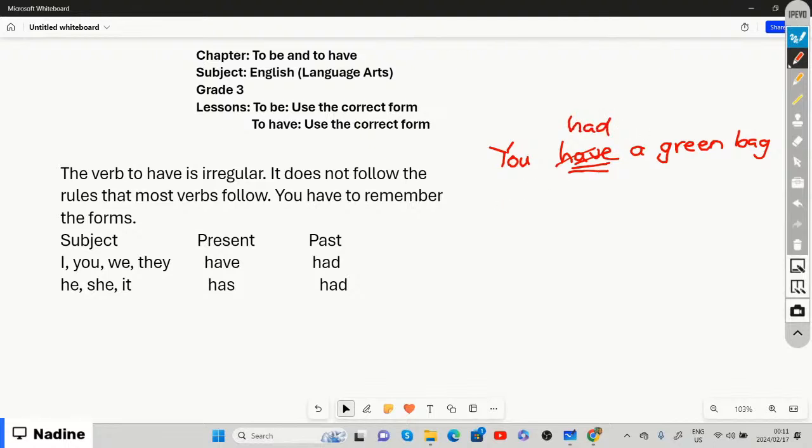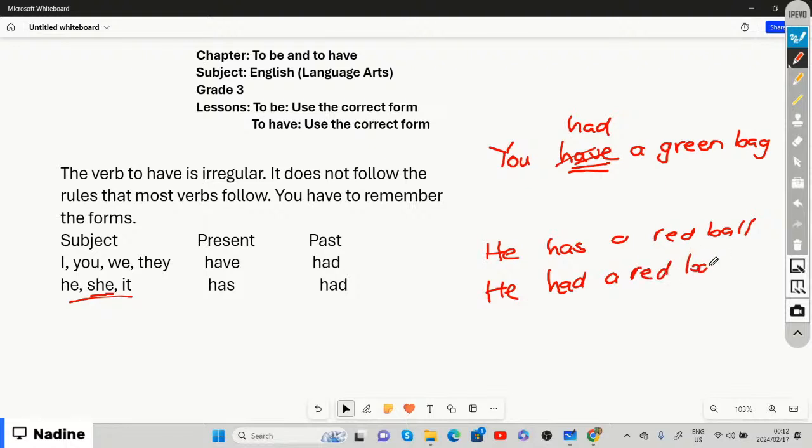That is when we use the word have or the word had. If we use the subject he, she, or it, then we can say he has a red ball, or in the past, he had a red ball.